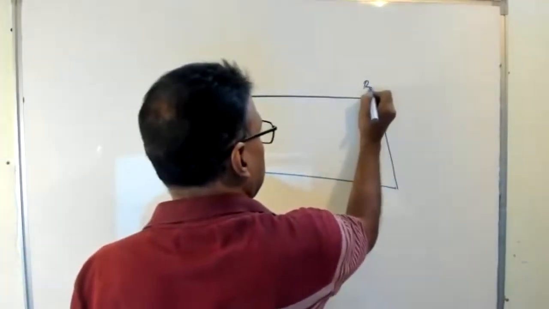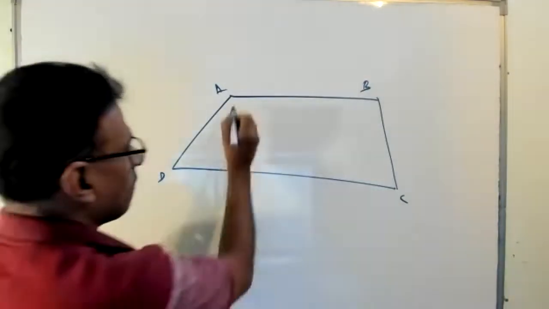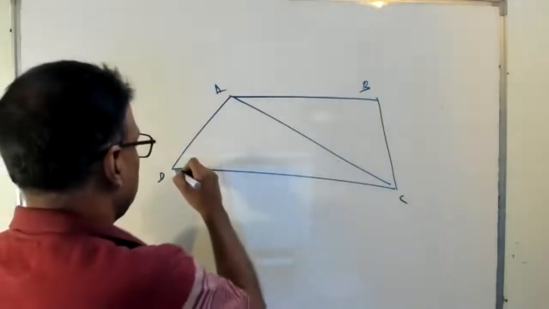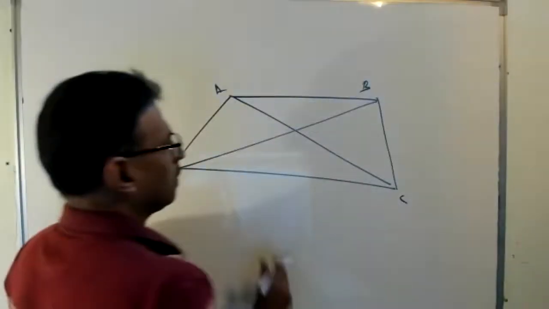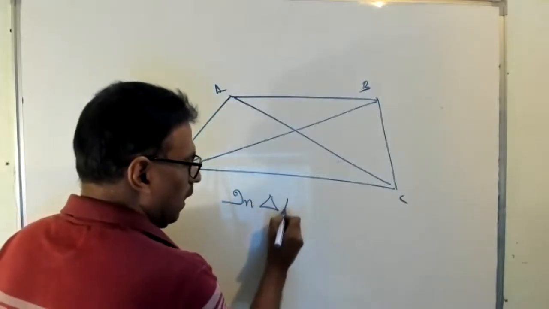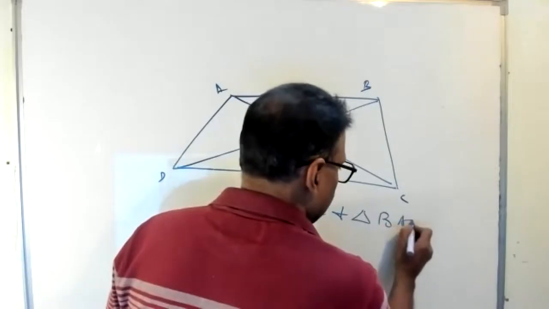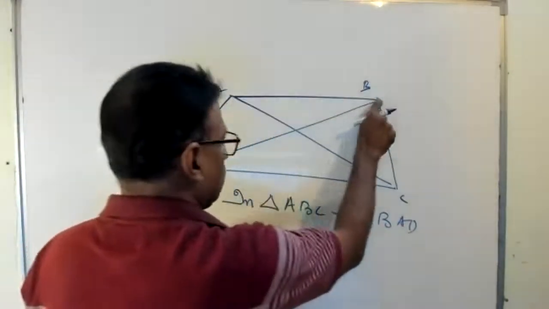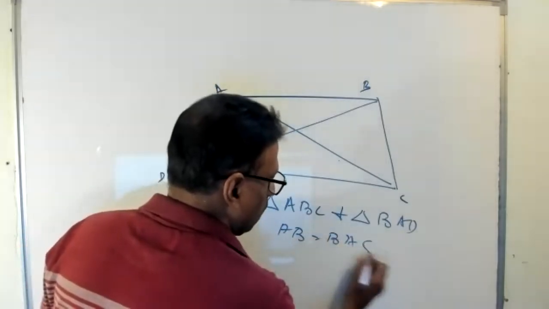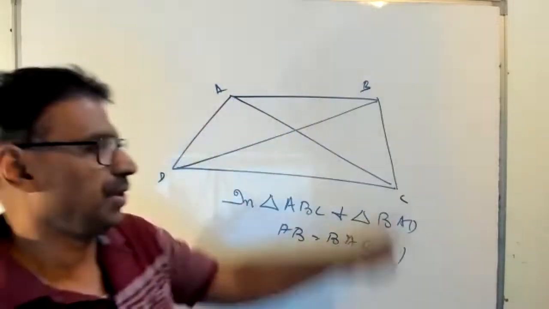A, B, C, D. In triangle ABC and triangle BAD, AB equal to BA, common. Correct or not? Yes, sir.